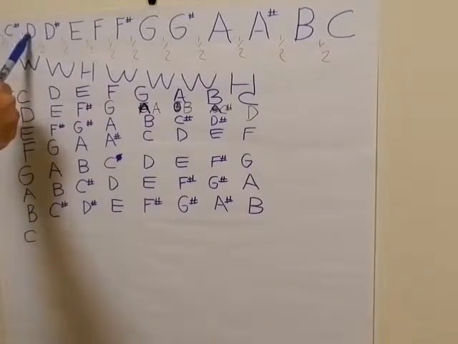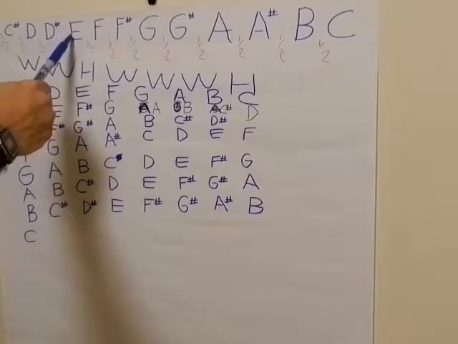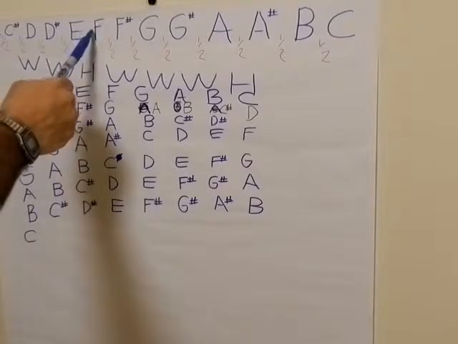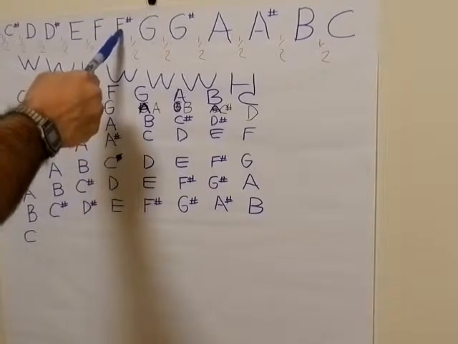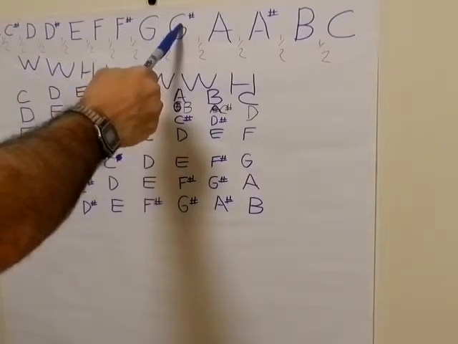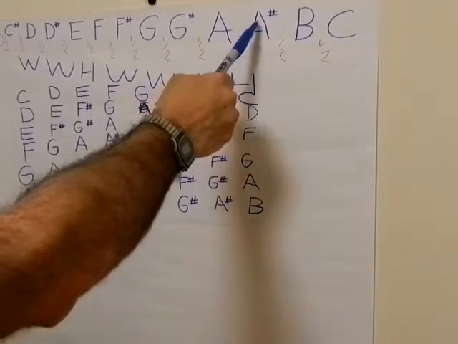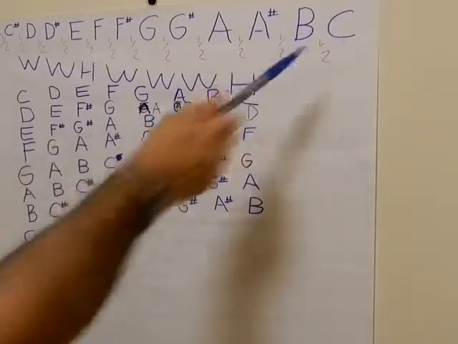Between D and E, you have D sharp going up or E flat. There are no sharps or flats between E and F. There's a sharp between F and G, so F sharp up, G flat back. G sharp up, A flat back. A sharp up, B flat back, and there's no sharp between B and C.